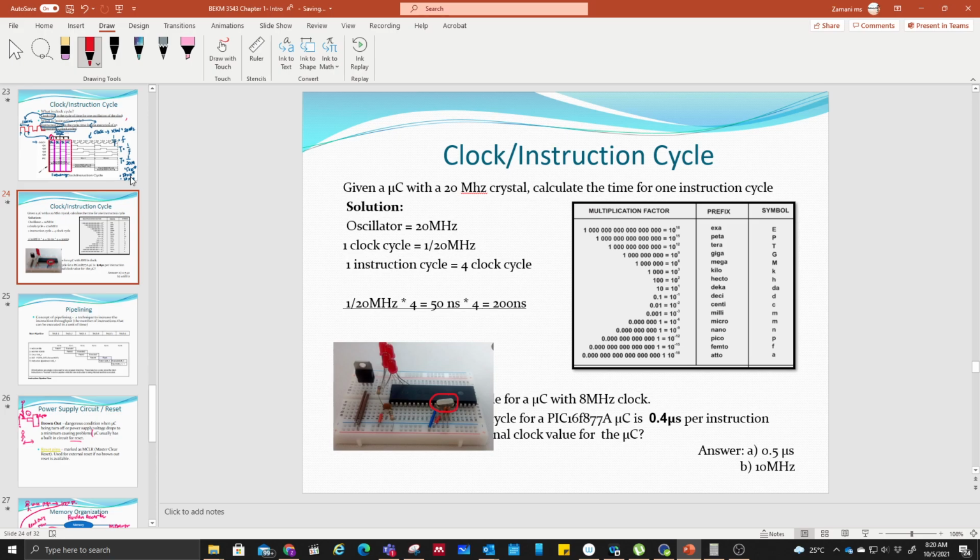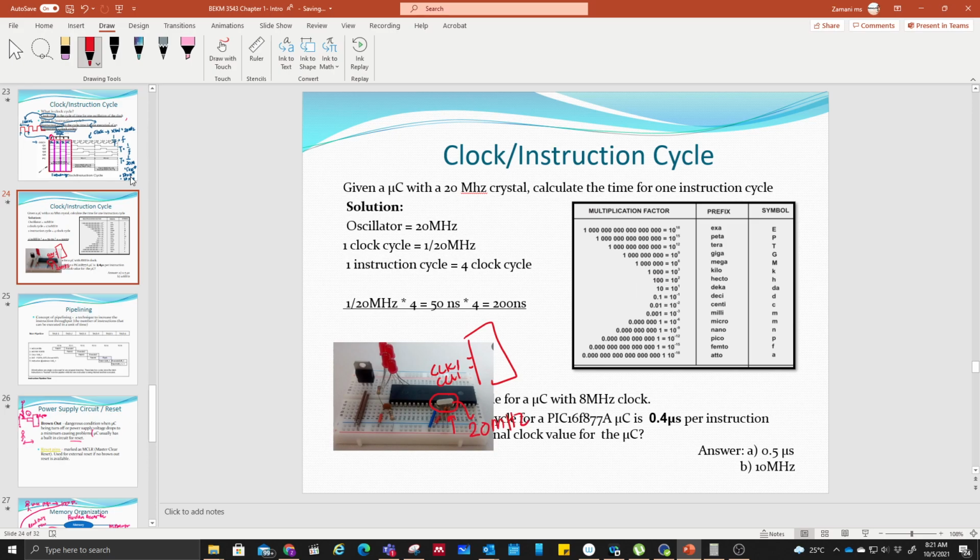This crystal will be connected to the clock 1 and clock 2 pins. If you go back to the pins, you can remember that these 2 pins must be connected to the clock. This clock is important because it will provide you the clock signal. So given a microcontroller with a 20 megahertz crystal, this value is 20 megahertz.